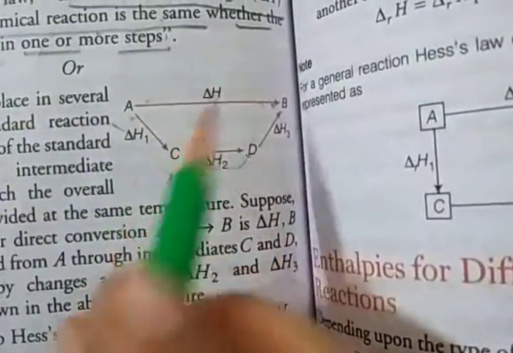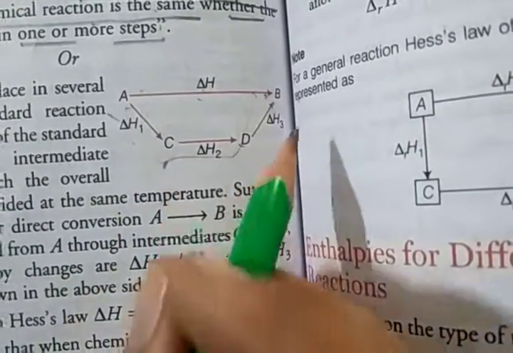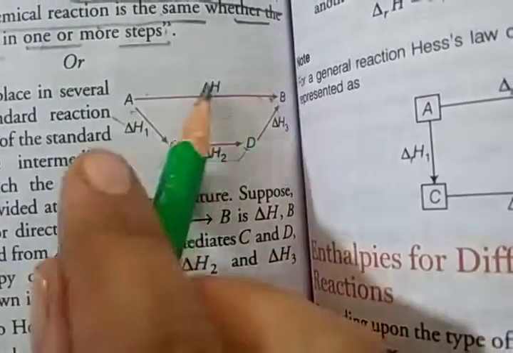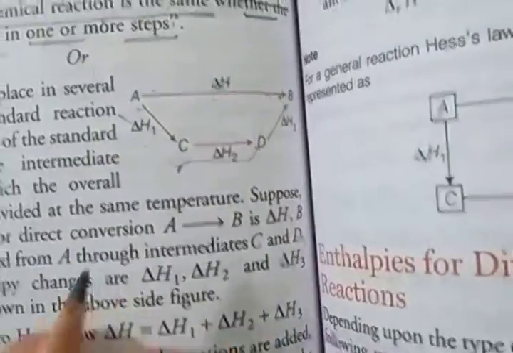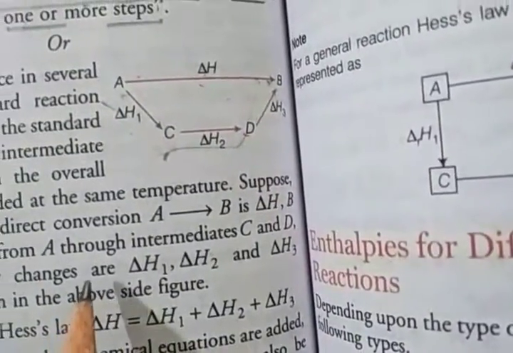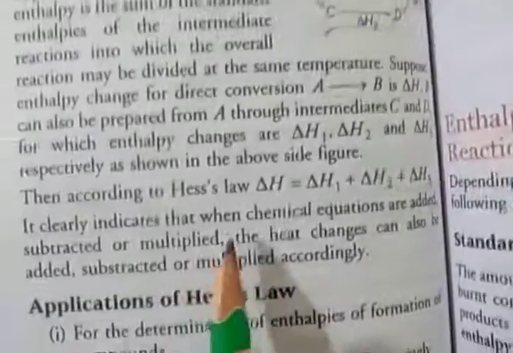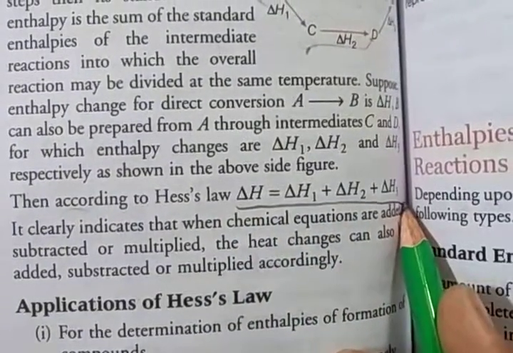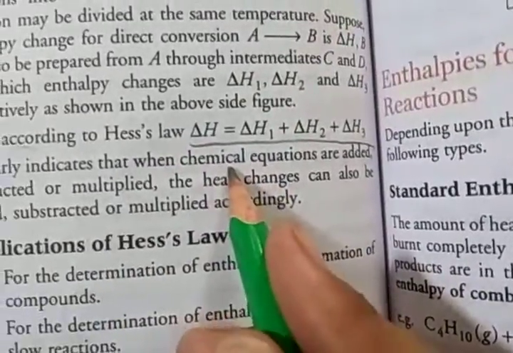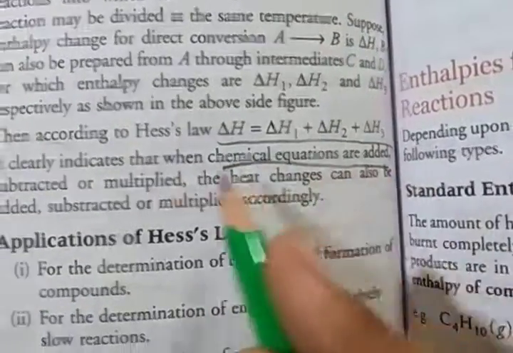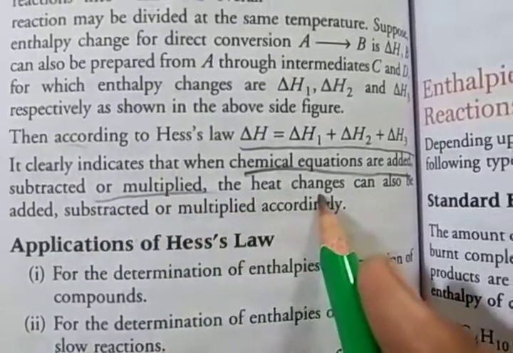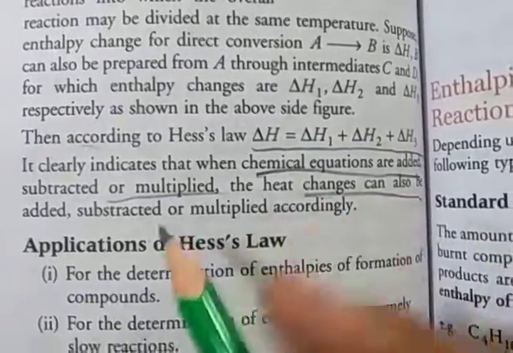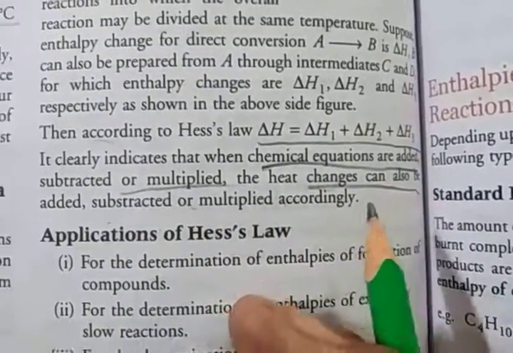Here delta H, otherwise delta H1 plus delta H2 plus delta H3 is equal to delta H. So this is Hess's law. According to Hess's law, delta H is equal to delta H1 plus delta H2 plus delta H3. It clearly indicates that when chemical equations are added, subtracted or multiplied, the heat changes are also added, subtracted or multiplied accordingly.